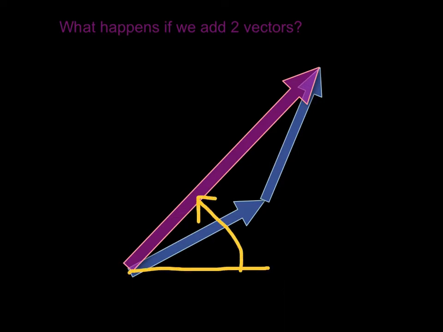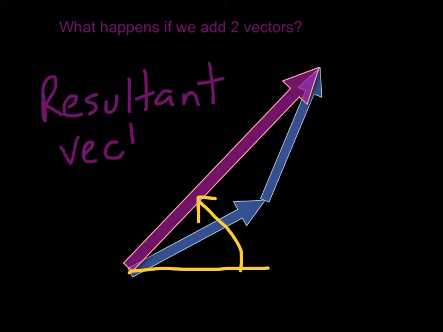All right, and that vector, this vector shown in purple, which is a third vector, is what we refer to as the resultant vector. It has the characteristic of representing the journey if it were taken in one direct line.